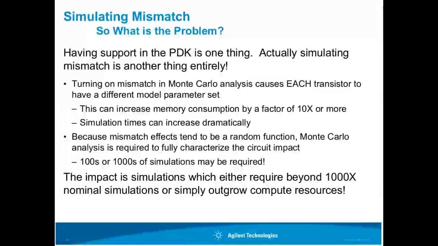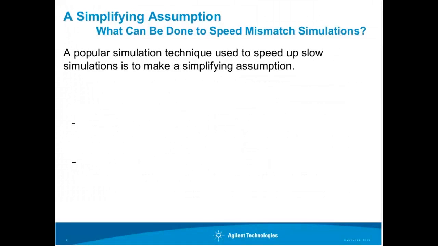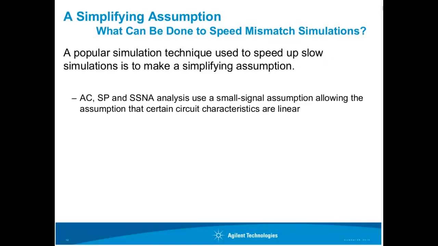Well, what do you do? One thing that's commonly done in simulators is to make a simplifying assumption. Now, I know we all are scared of making assumptions about anything, but the fact is that we all do it every day already.